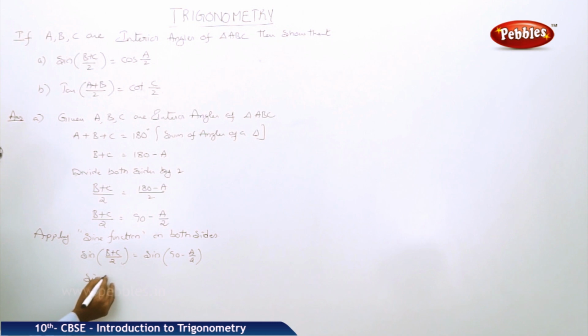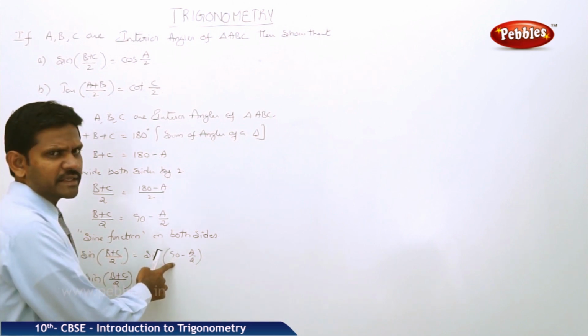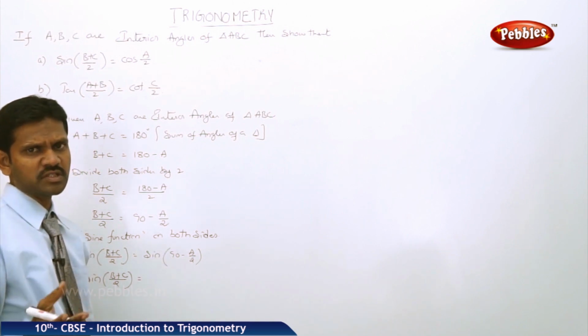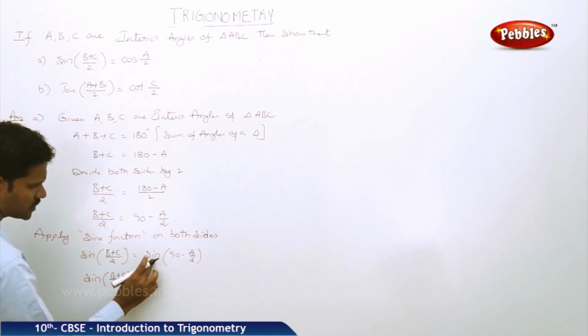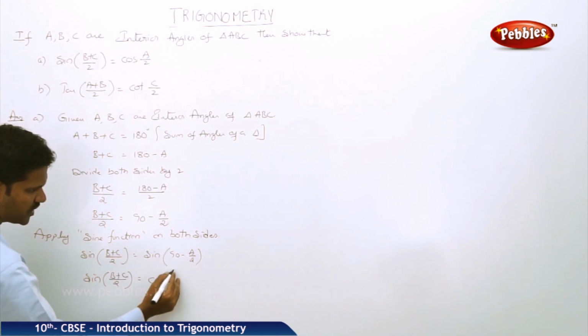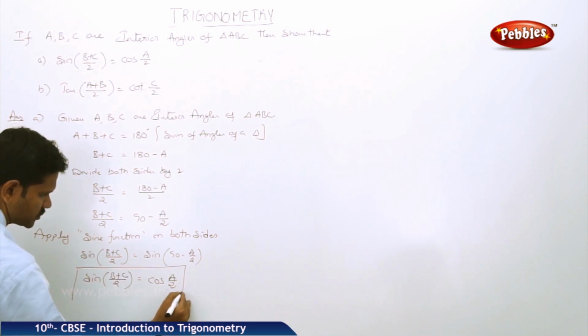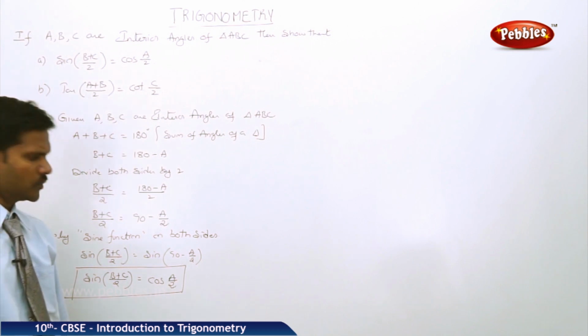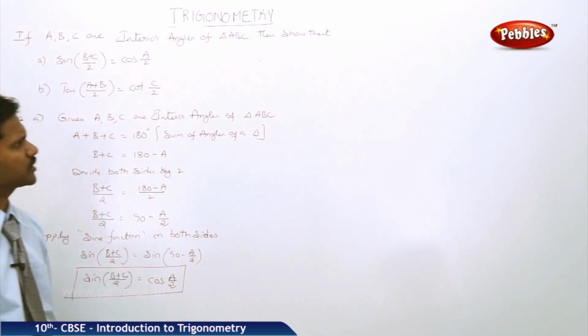With respect to 90, the trigonometric function changes, that is, sine changes to cos. In place of theta, A by 2 is there, hence proved. Therefore, sine of (B plus C) by 2 is equal to cos A by 2.